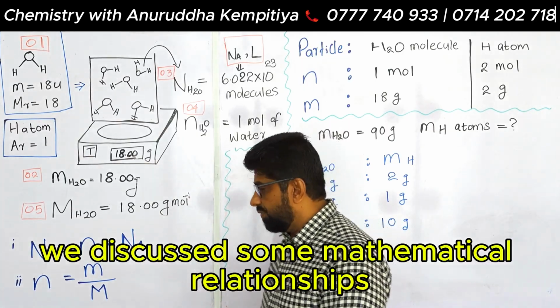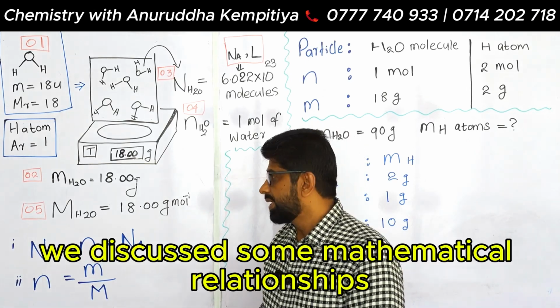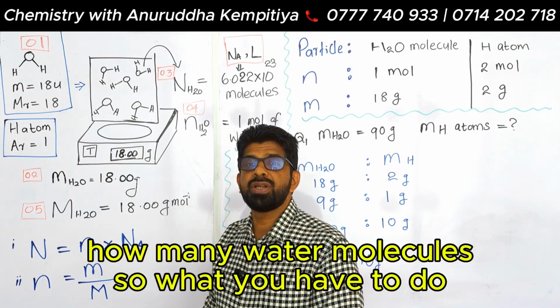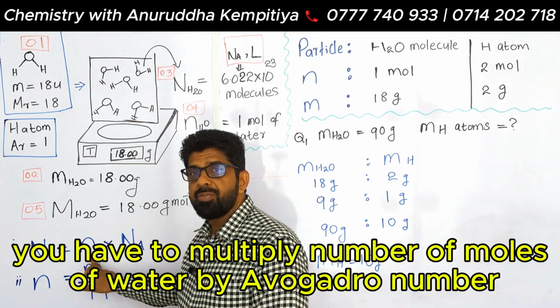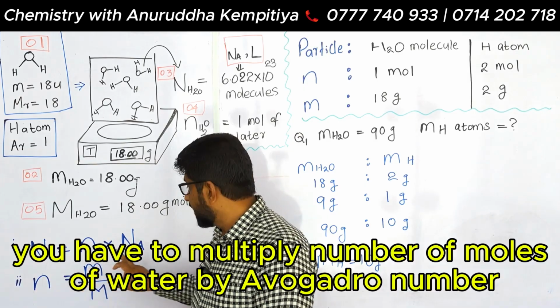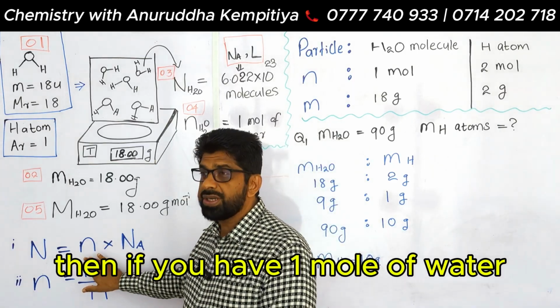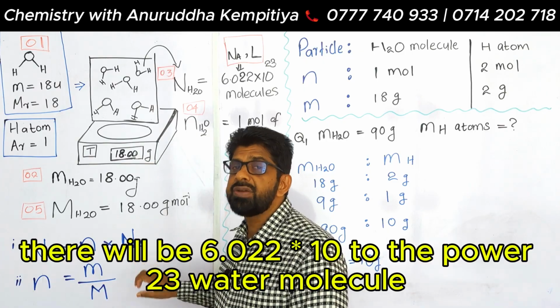And we also discussed some mathematical relationships. If you want to find the number of water molecules, you have to multiply the number of moles of water by the Avogadro number. If you have 1 mole of water, there will be 6.022 times 10 to the power 23 water molecules.